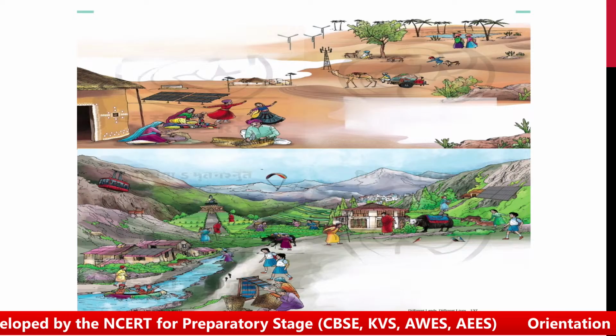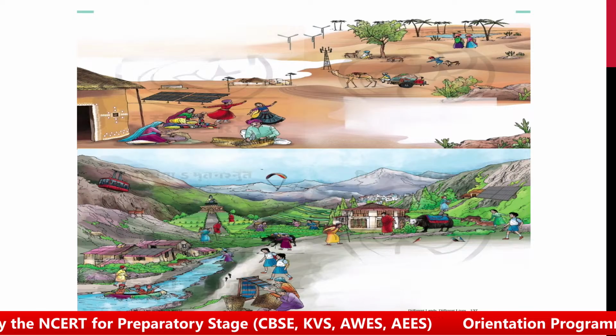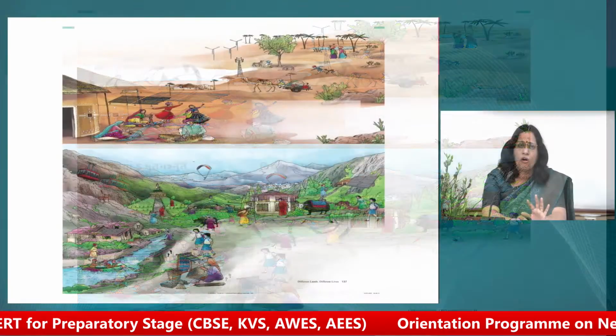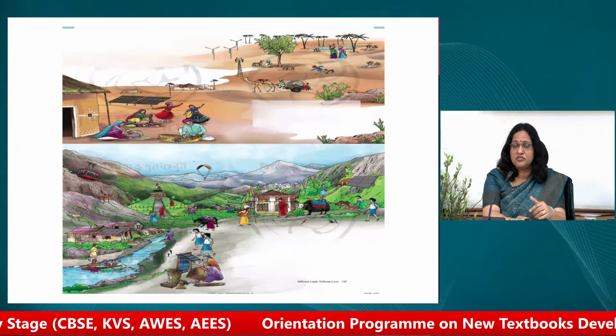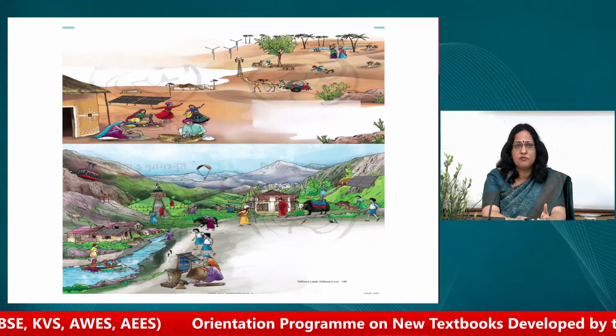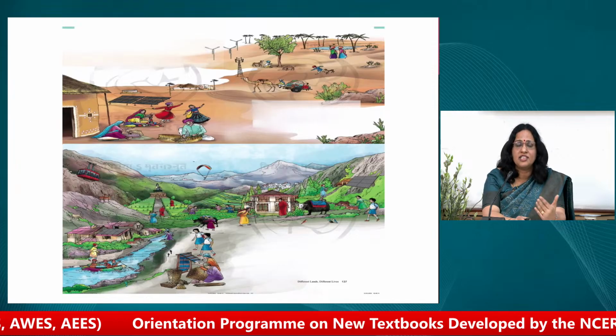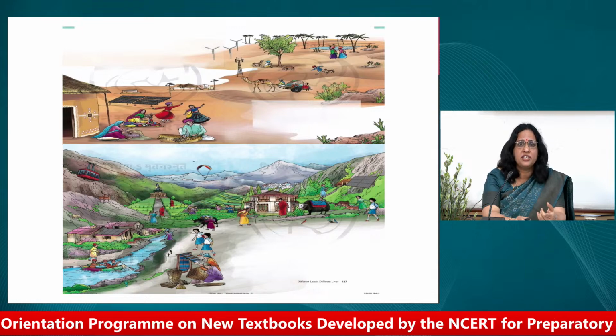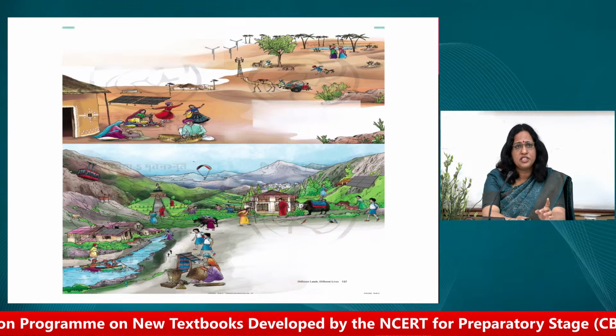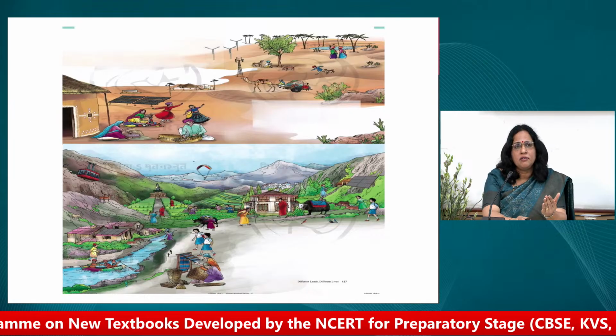One is about the mountain, the other one is about the desert. A similar approach has been used for all the 4 landforms. It has been done through a visit of children to different landforms, and they share their experiences of being there: what were their observations, and how these observations are documented.